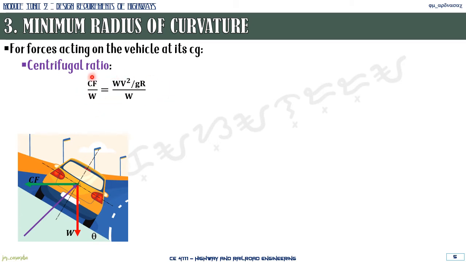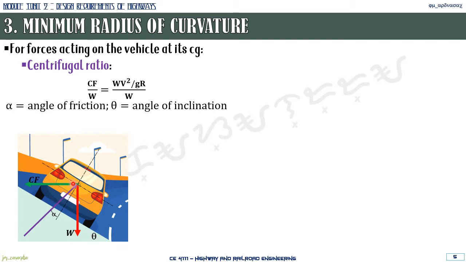So aside from this equation, which is W v squared over gR all over W, we can also take the centrifugal ratio as a resultant of the forces CF and W. So in these regards, we'll be able to relate now our centrifugal ratio in terms of the angle of friction and your angle of inclination.